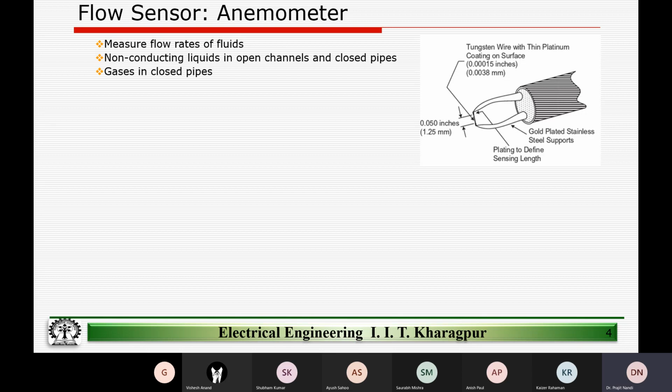So this is how an anemometer looks, typically made of tungsten wire with a thin platinum coating on the surface.